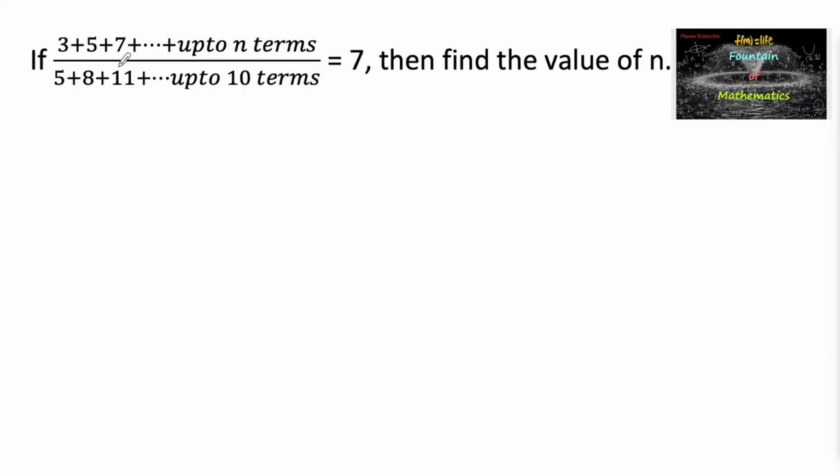If 3 plus 5 plus 7 plus and so on up to n terms upon 5 plus 8 plus 11 plus and so on up to 10 terms is equal to 7, then find the value of n.